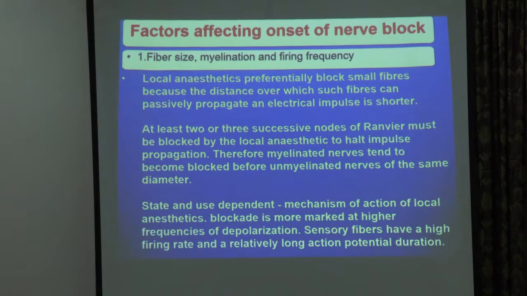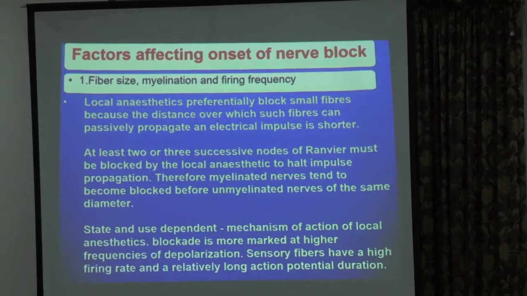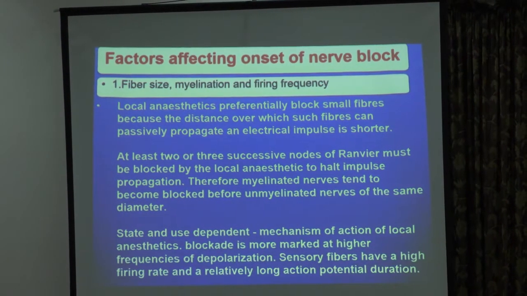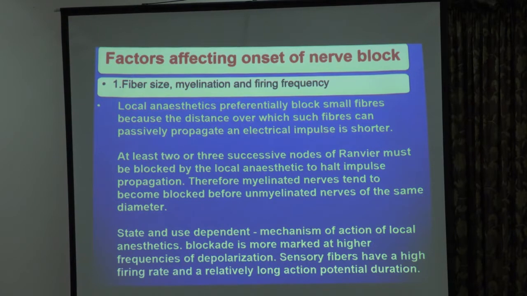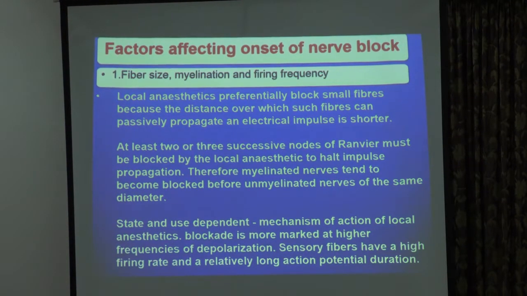Now, what factors will affect the onset of your nerve block? The size of the nerve that you are blocking itself will affect the onset of your block. Whether the nerve is myelinated or not will also affect it. And then the firing frequency.